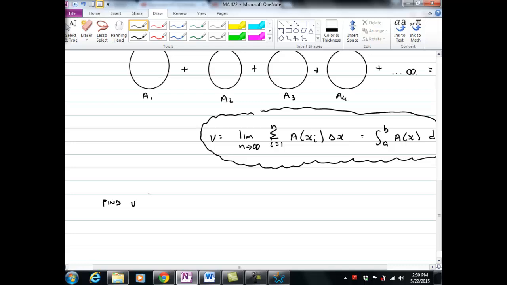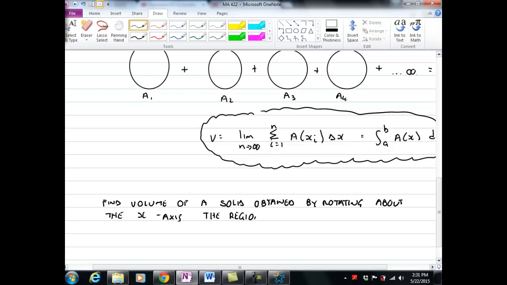Find the volume of a solid obtained by rotating about the x-axis the region under the curve y equals root x from 0 to 1.